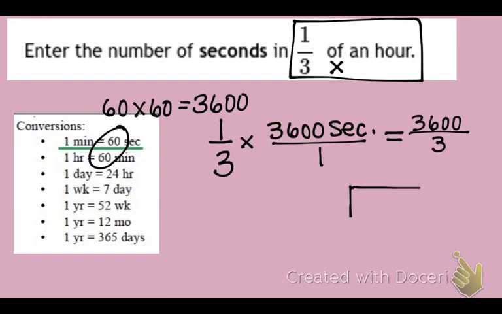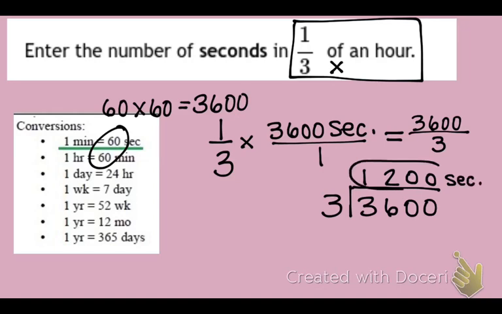Set that up into our little house. 3 goes into 3 one time. It goes into 6 two times. It goes into 0 zero times. So 1,200 seconds is going to be our answer for 1/3 of an hour.